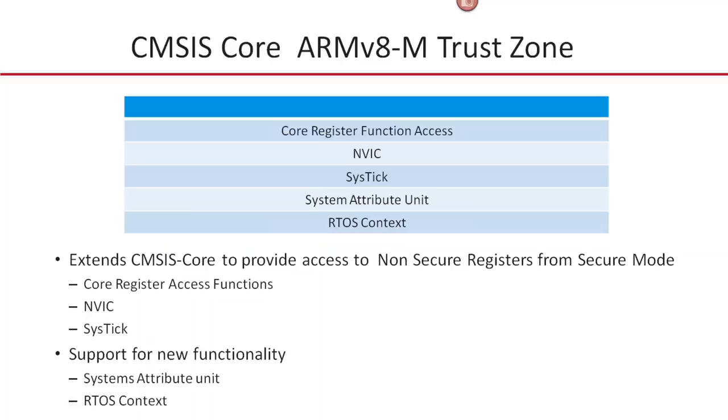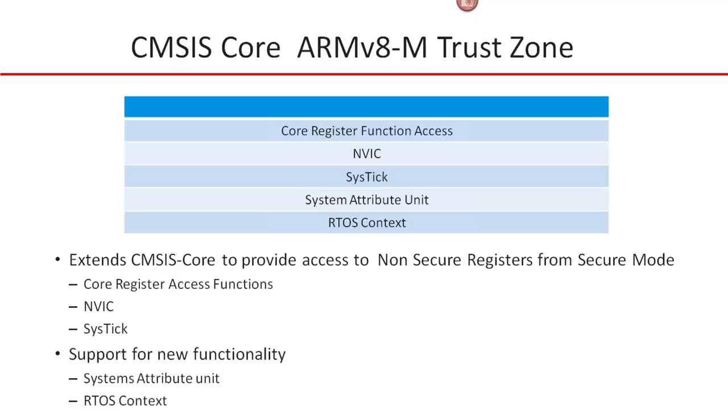Within CMSIS core, we have a number of functions which have been adapted to support TrustZone within ARMv8. In terms of the existing core register functions, the NVIC access functions and SysTick, these provide additional functions that allow us to access the non-secure registers when we're running in secure mode.